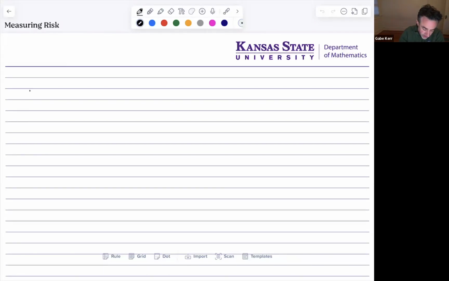So let's say we're trying to insure two cities, let's say small villages, against flood damage, against flooding.